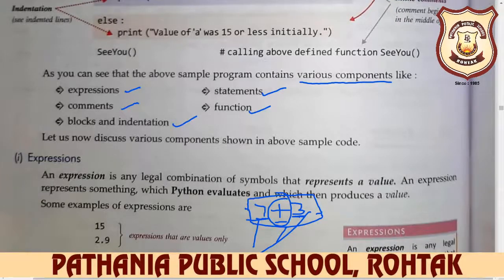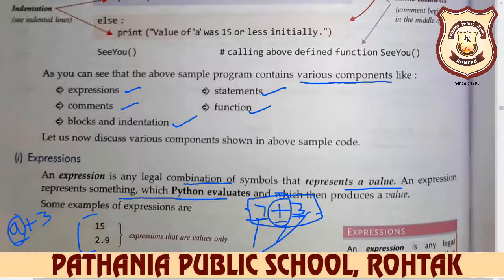An expression is any legal combination of symbols that represents a value. An expression represents something which Python evaluates and which then produces a value. For example, 15 multiplied by 9 is an expression that gives a value. But when we write a plus 3, this is also an expression, but we need to find out the value of a first, then we add it.